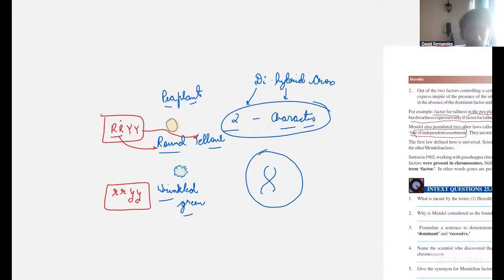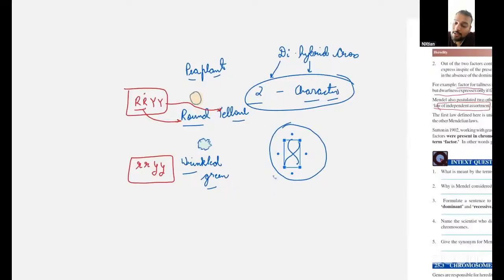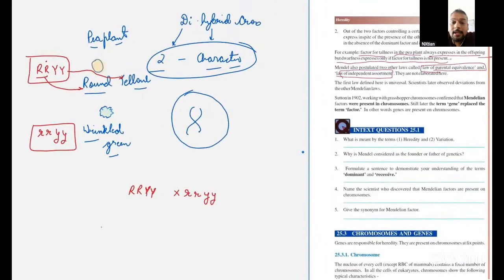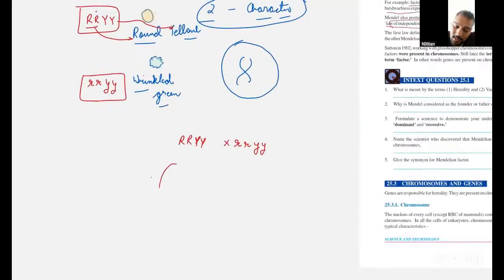Yes. So now we took two characters, and when we cross these two characters like this, these two characters work independently. It is called the law of independent assortment. Now they will independently work on the chromosome. It's going to look like this: they have a chromosome.